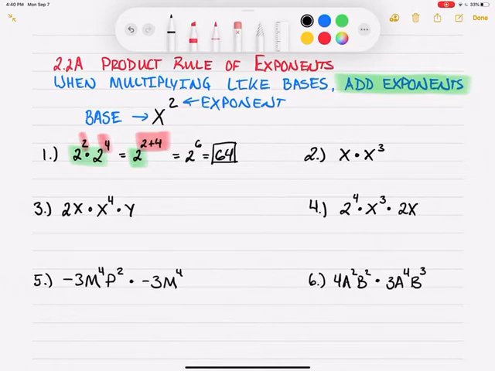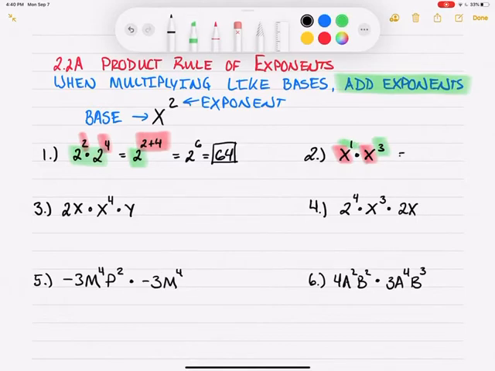In example 2, my bases are both x, and one of my exponents is 3, and it doesn't look like I have an exponent on the first x, but remember, if an x is there, that means there is one x, or x to the first power. So the exponent on the first x is 1. Even though you didn't originally see it, it is still there.